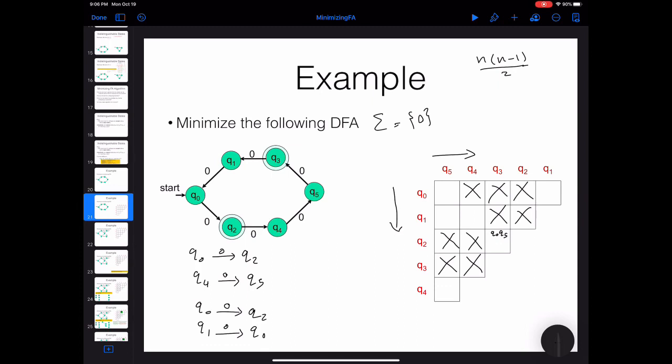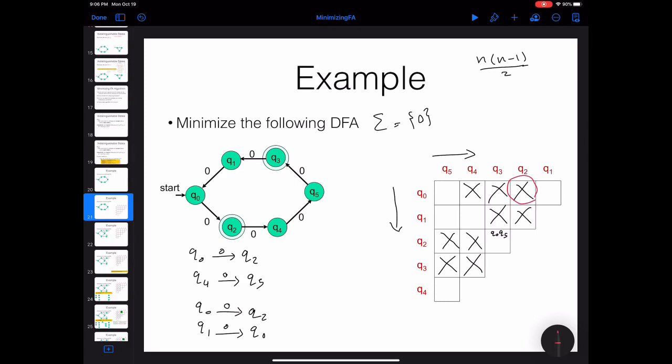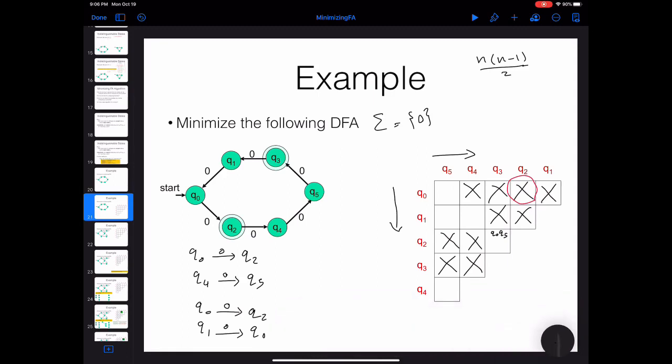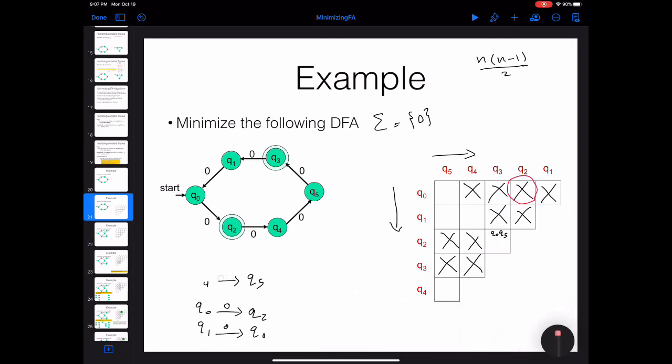So this pair is going to depend on the pair Q2 and Q0. Do I know anything about Q2 and Q0? Let's just refer to the table. Yes, I already marked them as not equivalent. So I can simply mark this one as not equivalent as well. I have decided about it. That's it. Let's just do some cleanup here.